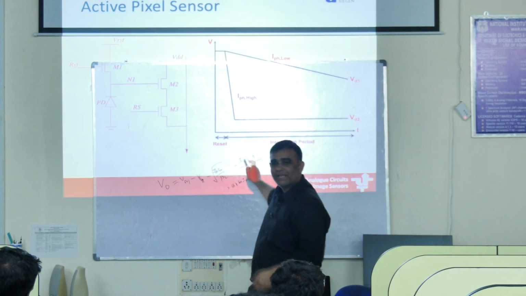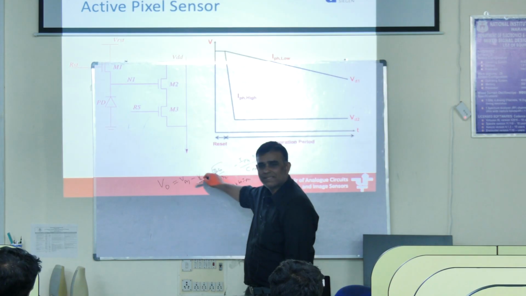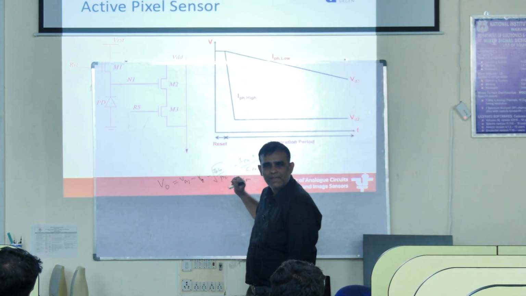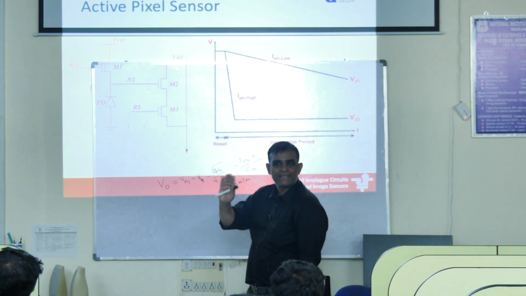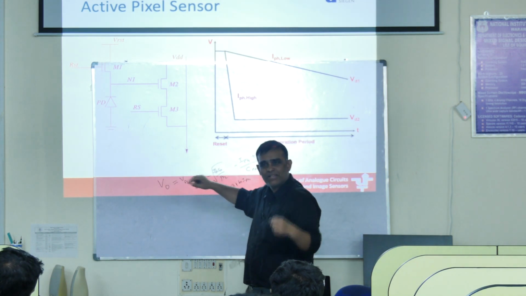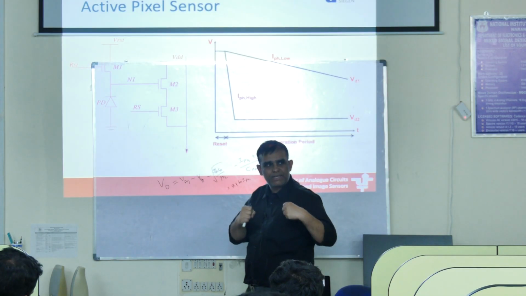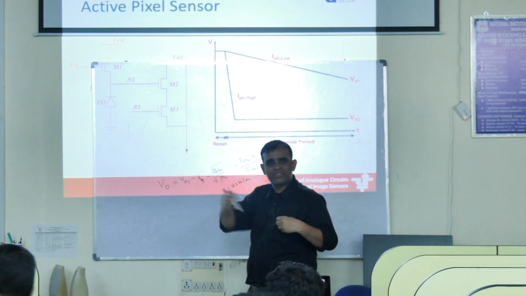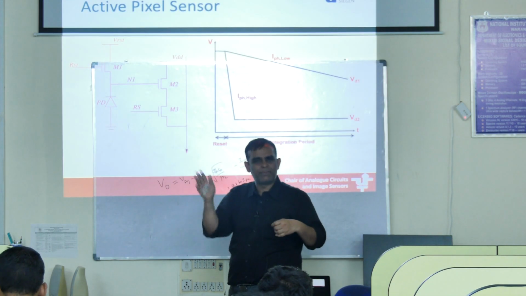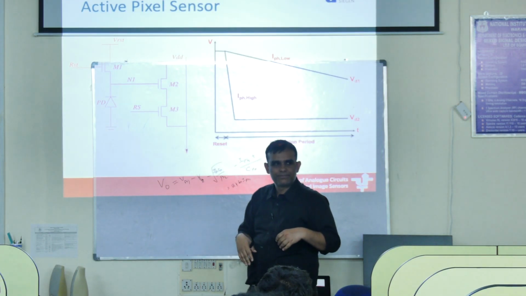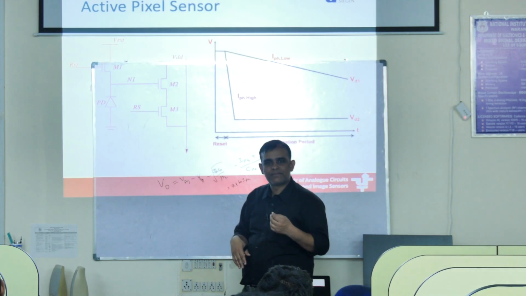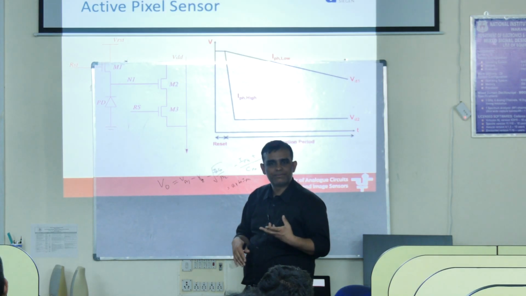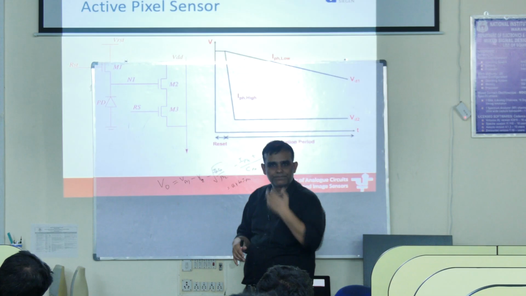So IPH remains the same, but because of these things, I'm going to get a different output. But this output is not going to change with time, because once my transistor's threshold is different, it's set at manufacturing time. It doesn't change with time. It does, but over many years of operation. So I'm going to inherently get a noise in each one of my pixel responses.